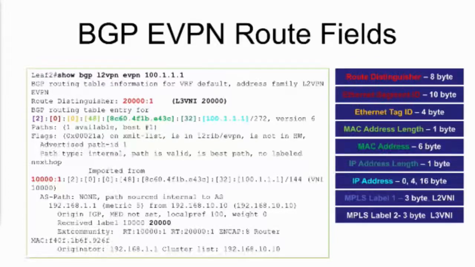At the bottom, you're not just seeing one label, now you're seeing 2 labels. One is for the layer 2 VNI, and the other is for the layer 3 VNI. So in the EVPN route fields, you have label 1, which is the L2 VNI, and label 2, which is the layer 3 VNI. This is how the information is exchanged over EVPN, and you can perform VXLAN routing using BGP.